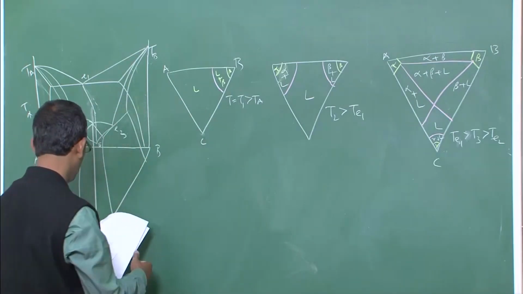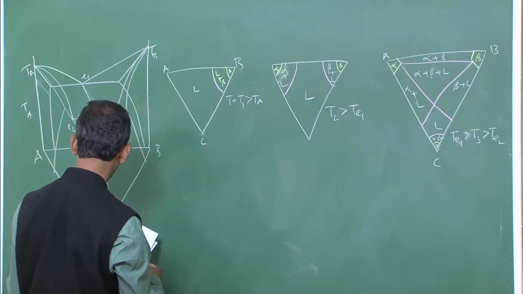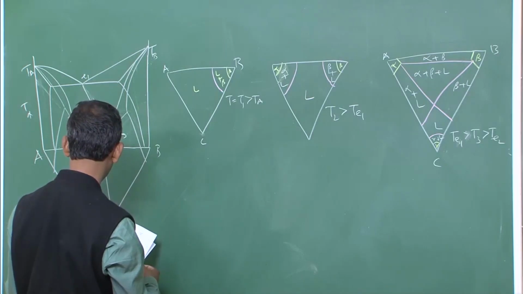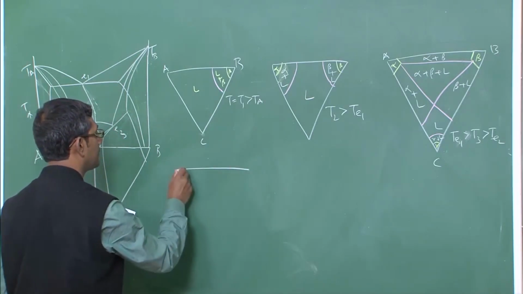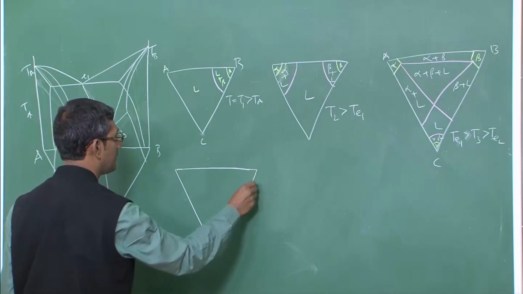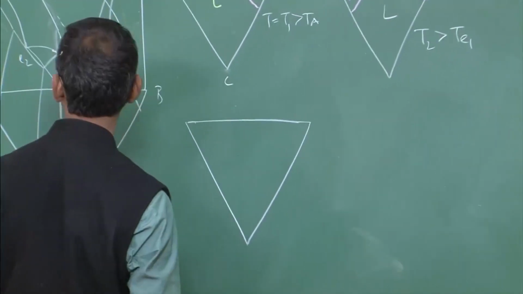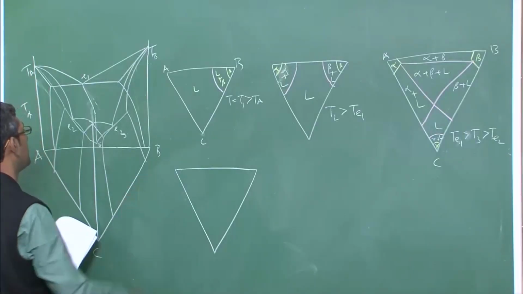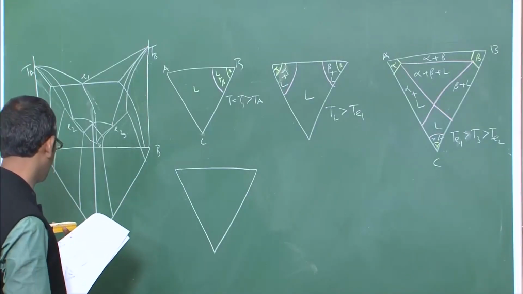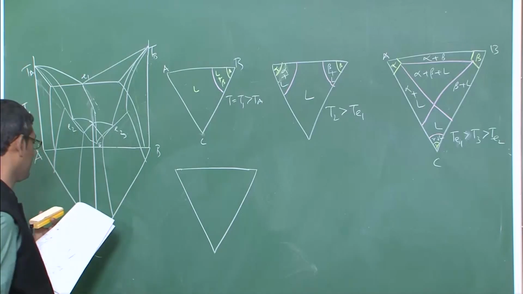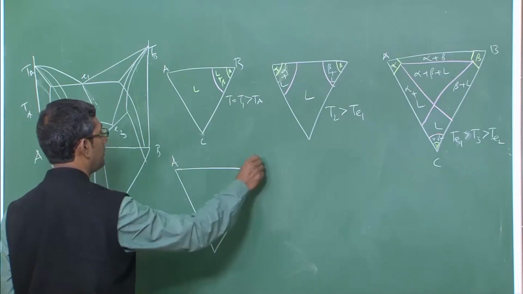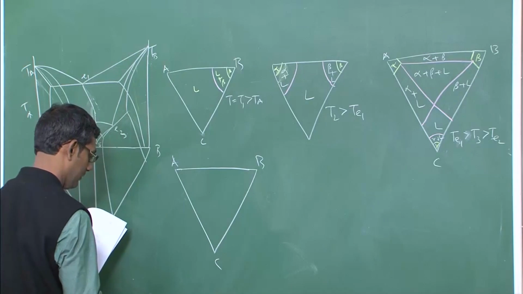So, now I go to a temperature which is below even the eutectic temperature of B and C, correct, or rather sorry, A and C. So, A, B, C here.